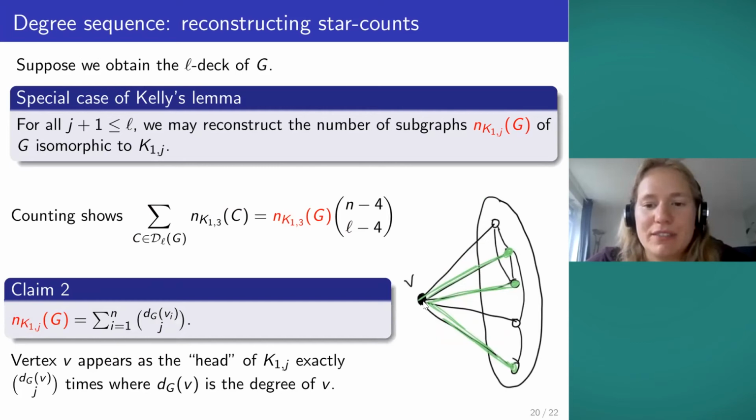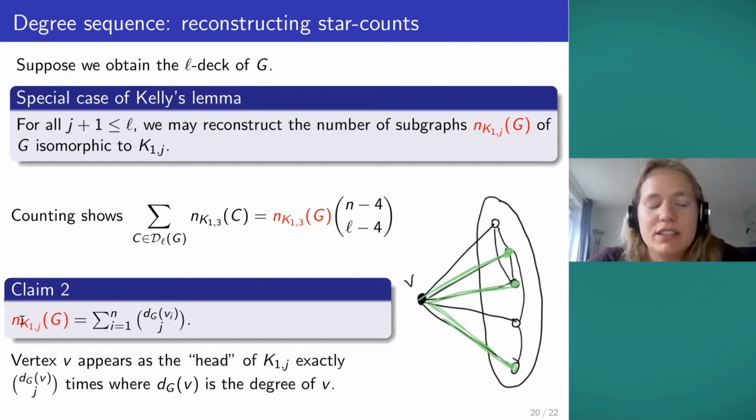Because if we look at any vertex V, how often does it appear as the head of a star? Well, let's assume that the star is not an edge or a single vertex. So it needs to have a large enough neighborhood. And if it has 5 neighbors, then it appears as the head 5 choose 3 times. So it's degree choose the size of the star that we want to get.